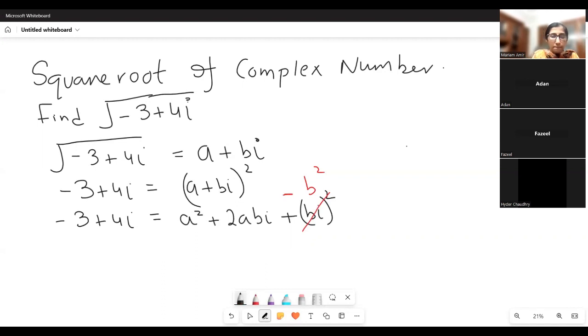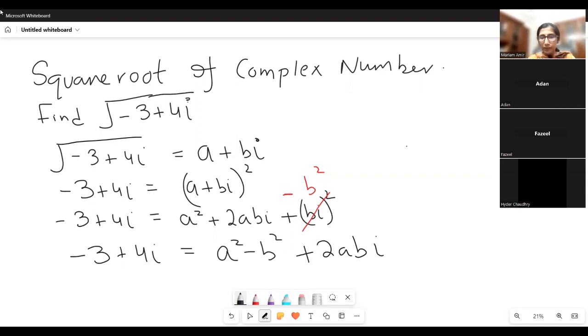So -3 plus 4 iota equals, I'm going to write the real parts together, which is a square minus b square, and the complex part separately, which is 2ab iota.